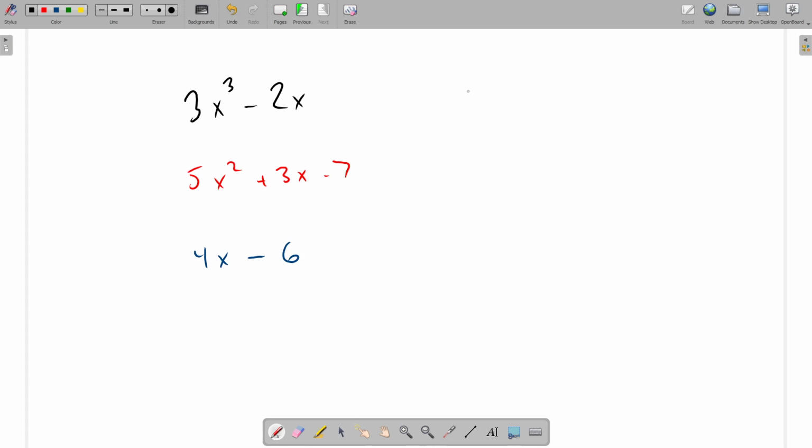We can name these. Okay, so if we're naming this black polynomial based on the degree, we would call it a cubic. If we were naming it based on the number of terms, we would call it a binomial. If we were naming this red polynomial based on the degree, we would call it a quadratic. Ooh, spelling.